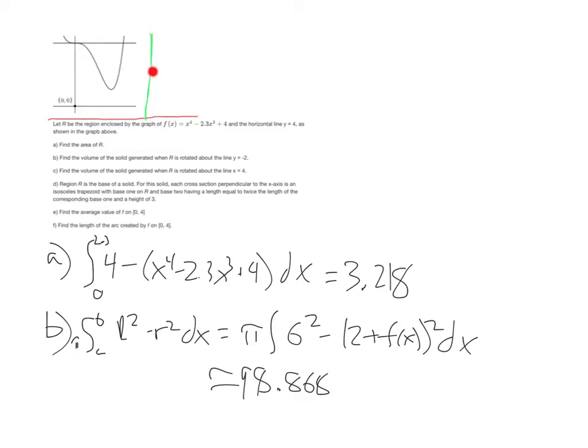The problem here is that big R and little r are defined by the same function. This is not an invertible one-to-one function, so I can't just turn it into y. It won't work for me there.